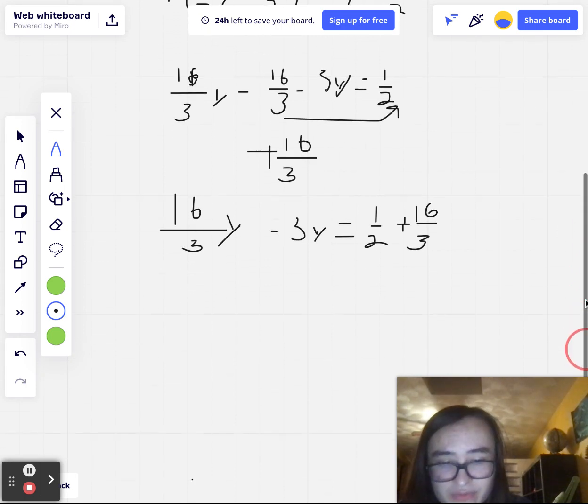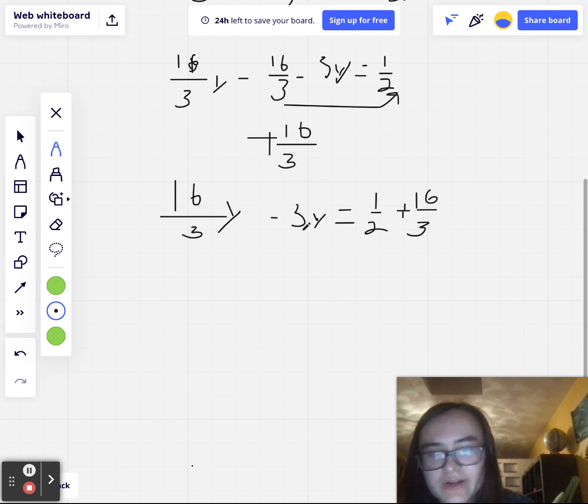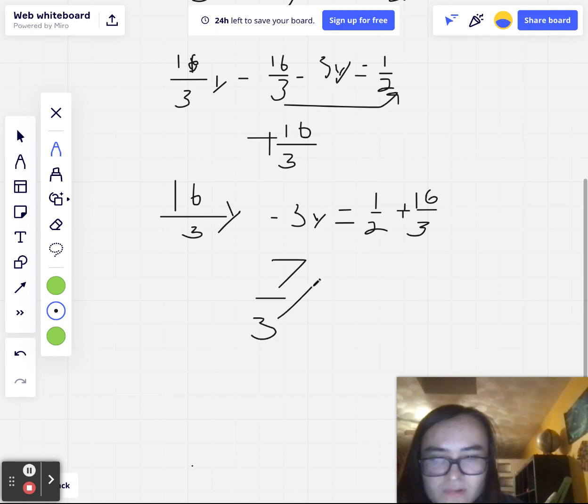I'm just going to simplify here. But the solution would be to change the denominators to be all the same, so then they would easily be able to add together. What you'll end up with, though, is 7/3 y equals 35 over 6.